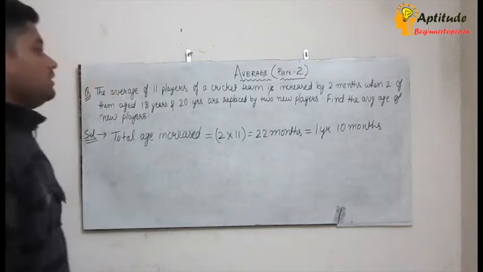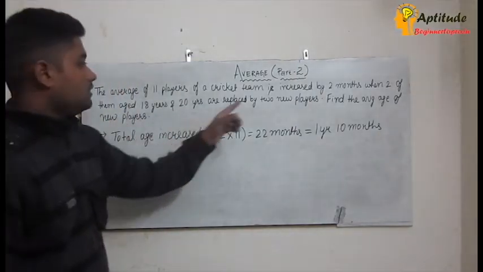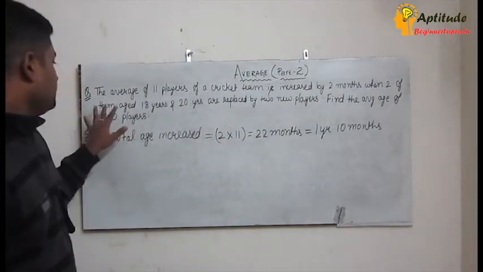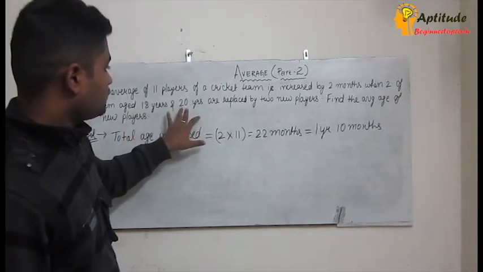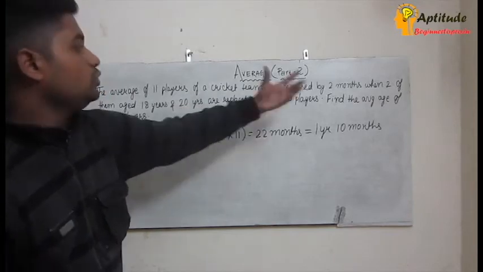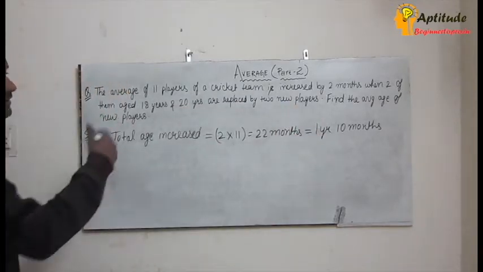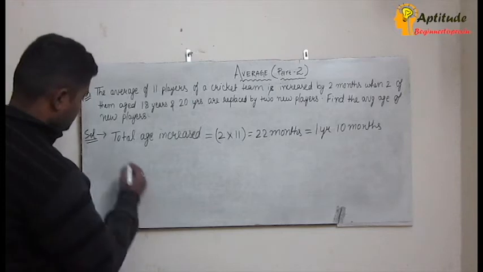Okay. Now, when two players, one aged 18 years and another aged 20 years, are replaced by two new players, what will be the total age of the two new players?